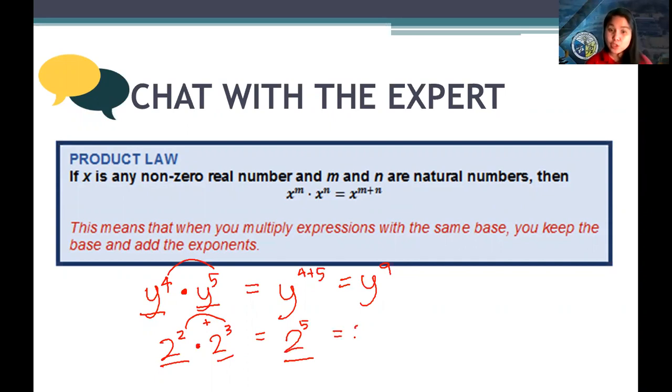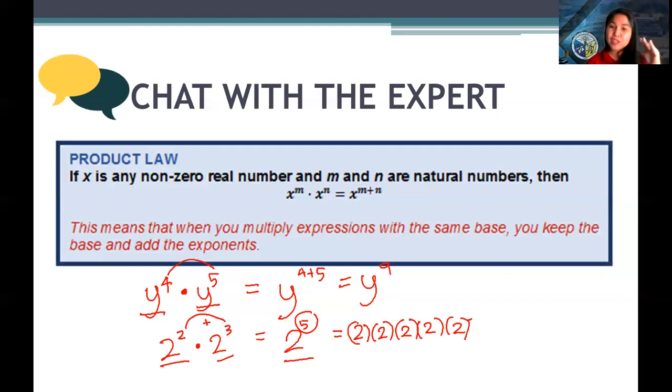That is 2 times 2 times 2 times 2 times 2. Again, the exponent tells us how many times we are going to multiply the base by itself. It's not 2 times 5, okay? The answer is not 10.